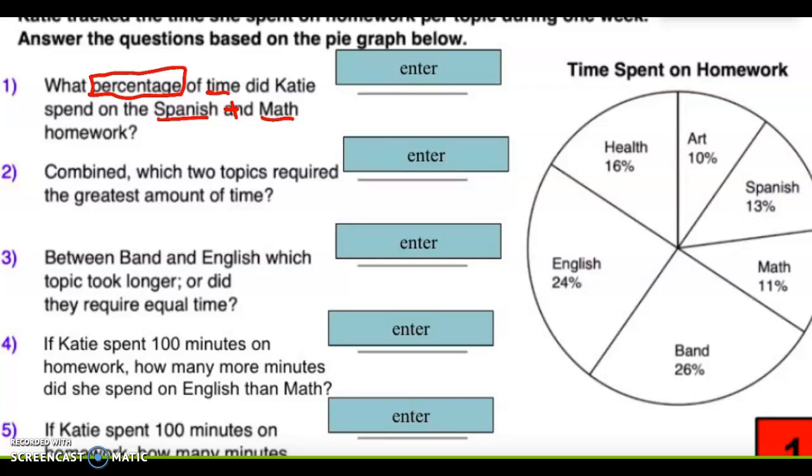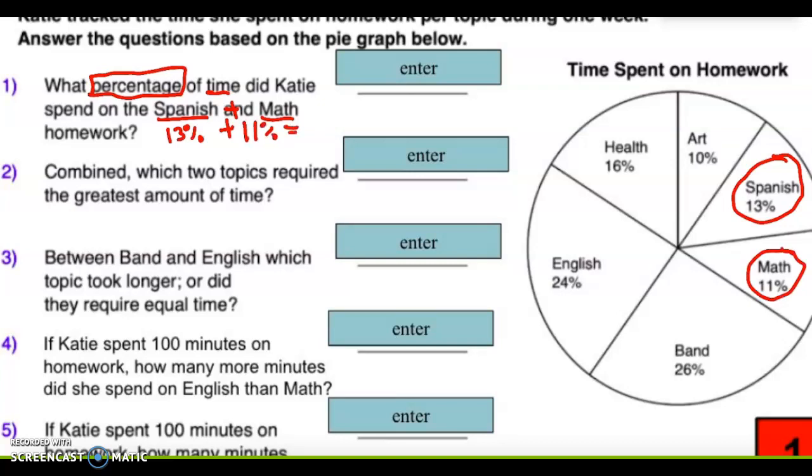Then I look at my circle graph over here, and Spanish, I'm going to circle Spanish right there. Spanish is 13%. Remember to follow along as I'm working through this problem. Since it's and, I know that I'm going to be adding. The second one that I'm looking for is math homework. Let's see, math homework right there. That's 11%.